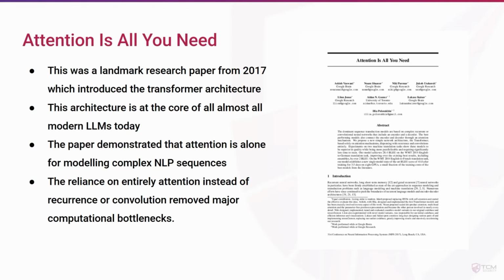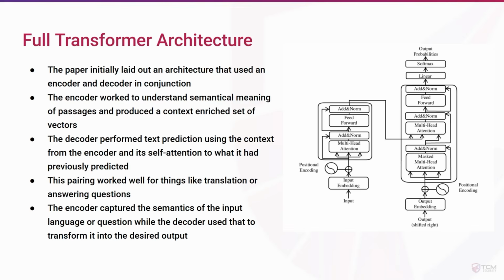And this reliance entirely on attention, instead of using recurrence like we used in the RNN or convolution, removed a lot of major computational bottlenecks, which then allowed for models to be trained easier and also work in inference mode easier.